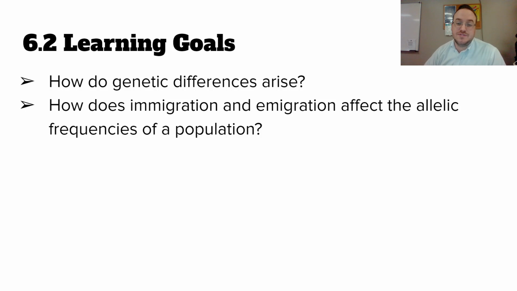So genetic differences arise from mutation or from long-term changes in the gene pools when the population itself splits or changes. Immigration into a population will increase the genetic variance, whereas emigration with an E, out of, is going to lower the allele frequencies because there's going to be less of them, either through a bottleneck effect or through a founder's effect.